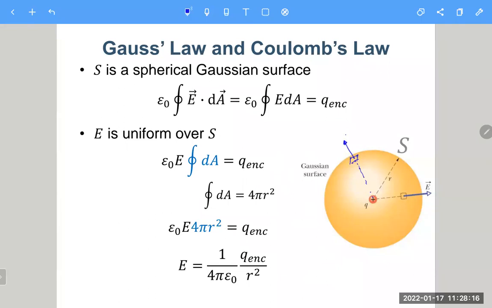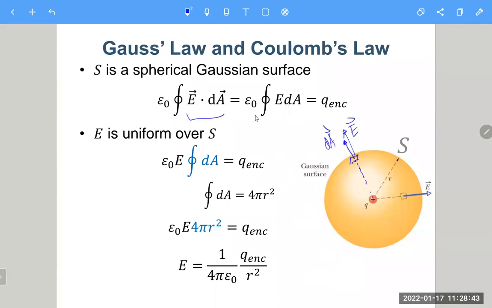So we know that for this E dot dA, dA should have the same direction as the E. So E dot dA is nothing but E times dA times cosine 0 degrees, which is 1. So we have an E dA here. This is vector dot vector, and then it becomes a scalar.